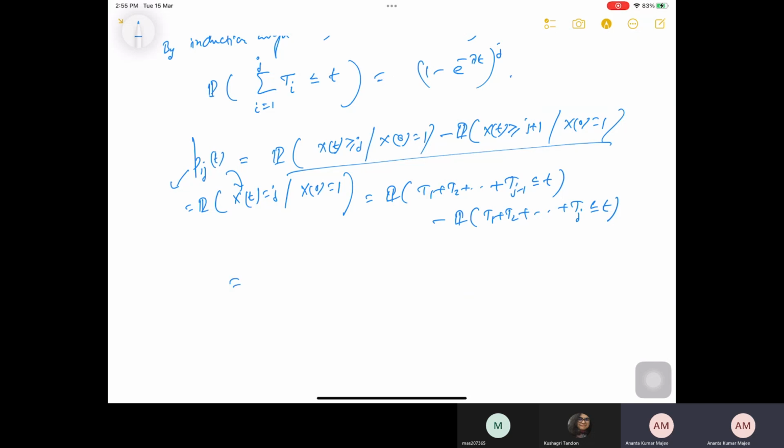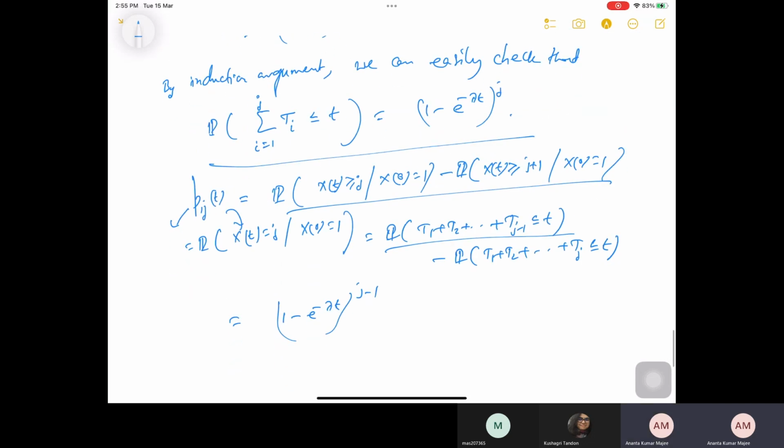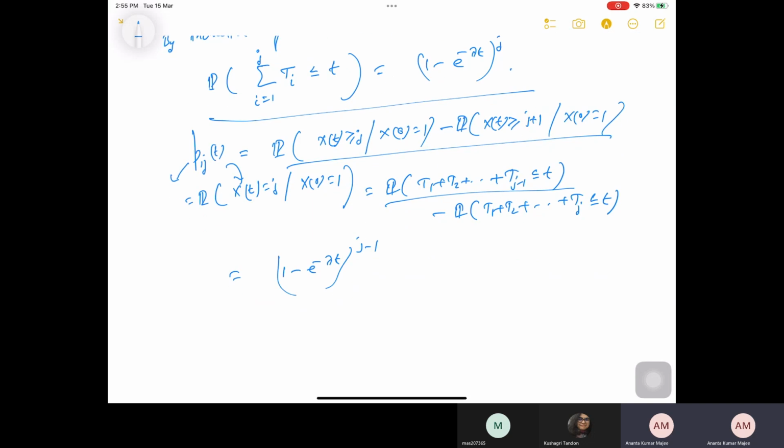So now I have already written down this part. This one is nothing but (1 minus e to the power minus lambda t) to the power j minus 1, by this condition, because it should be up to j. And then minus (1 minus e to the power minus lambda t) to the power j.